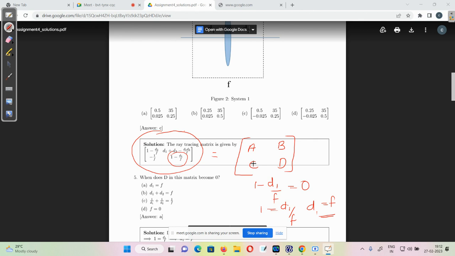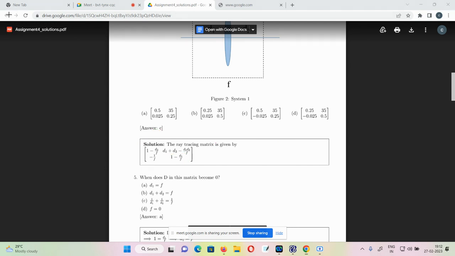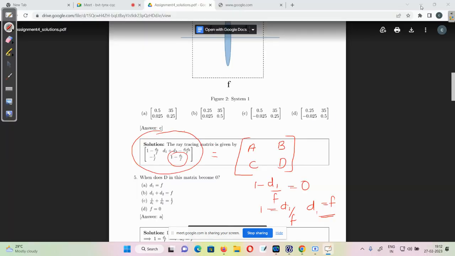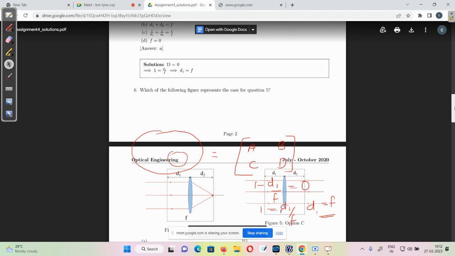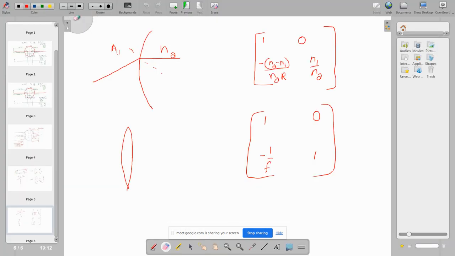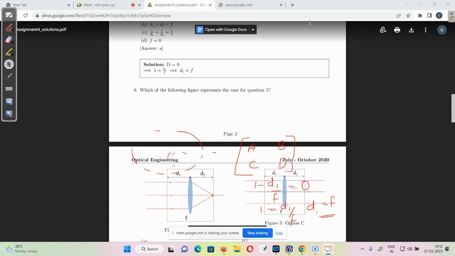Now the question comes. Which of the figures represents the case for question 5?